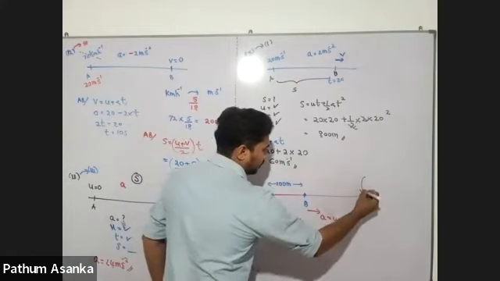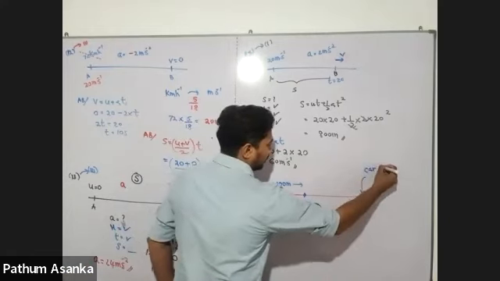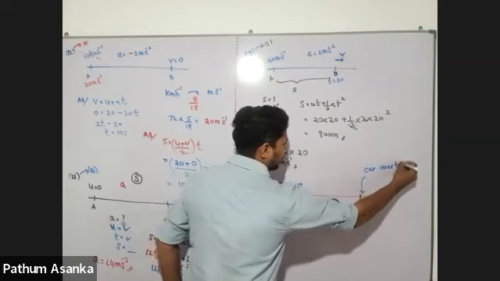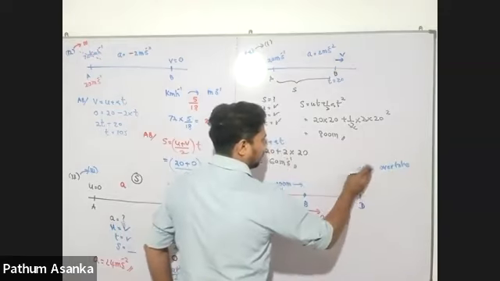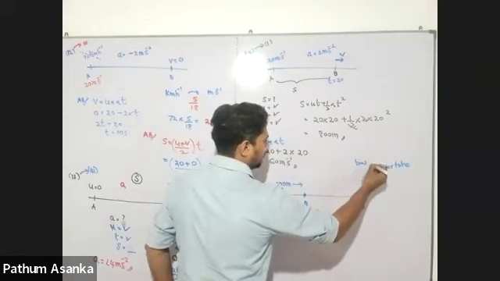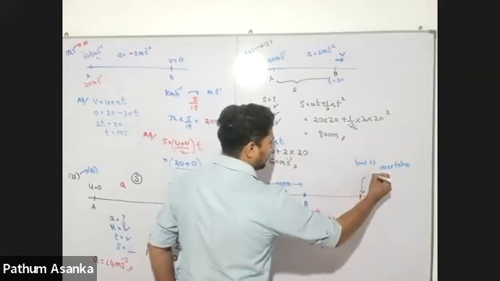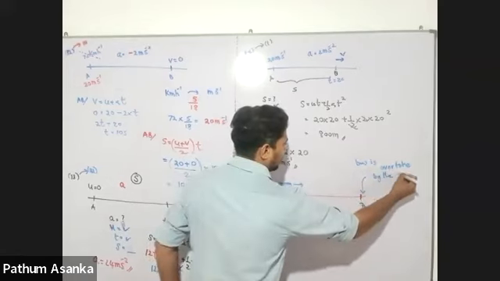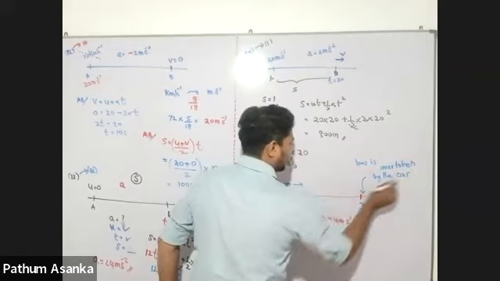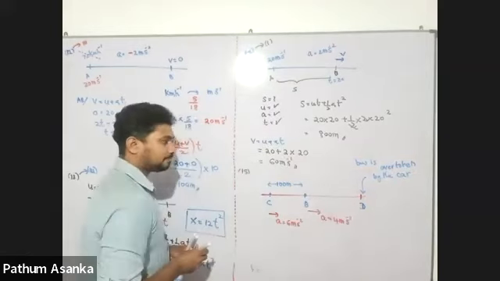This is the point where the car overtakes the bus. හරිද? අපි නම් කරමු D කියලා.